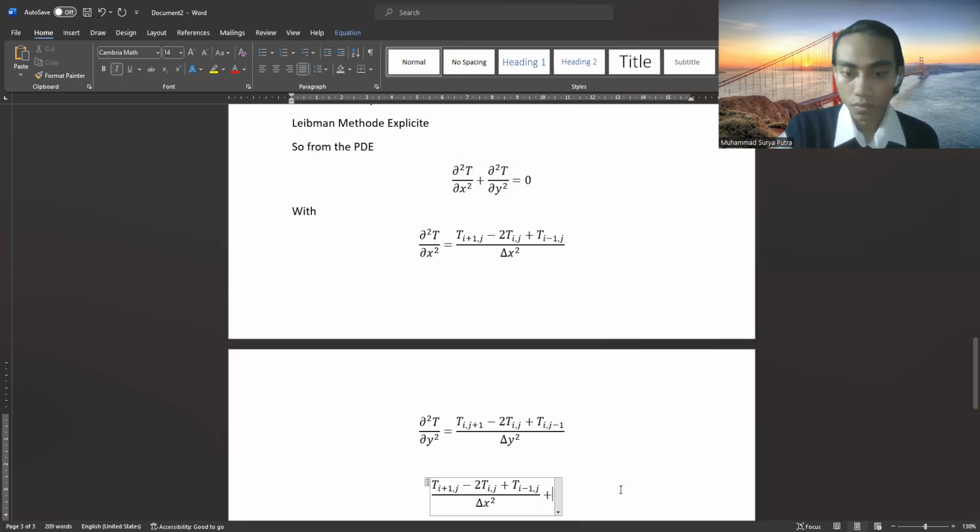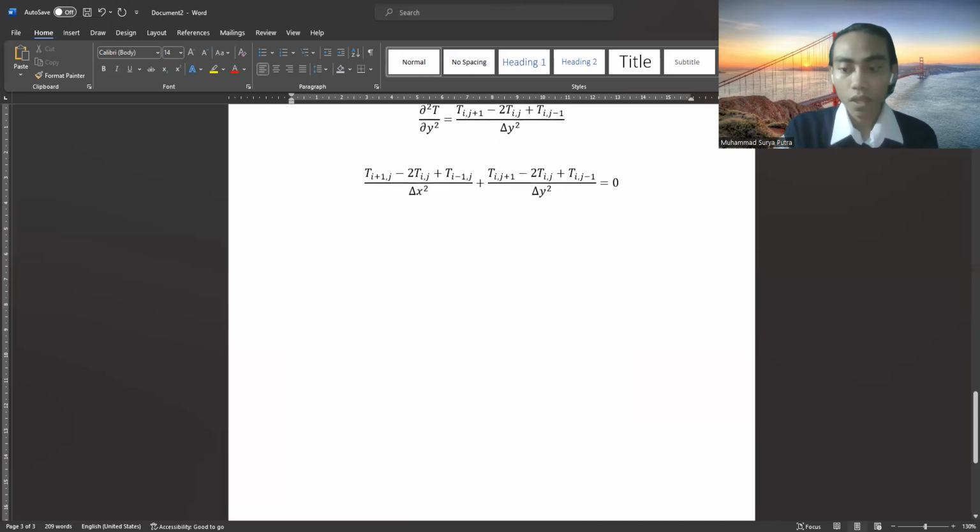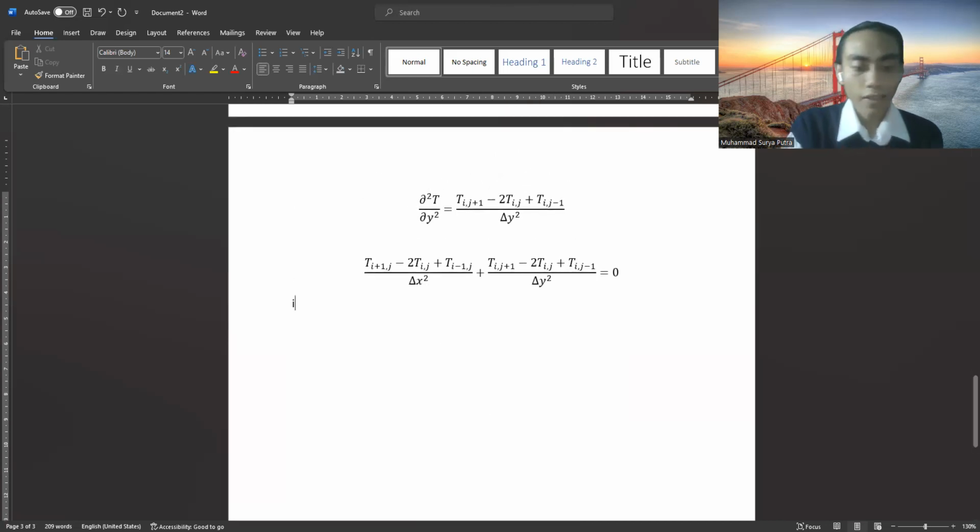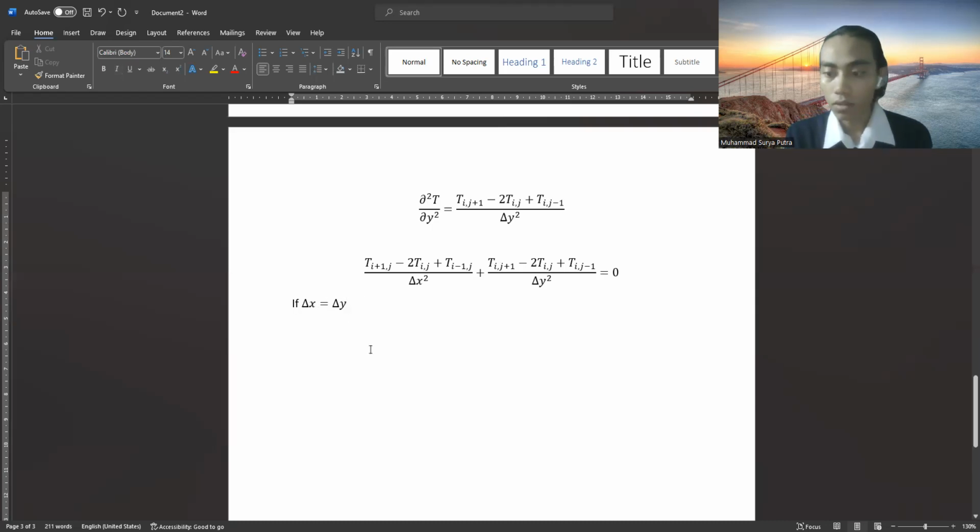So if we see these equations, we can get this equal to 0. And then, let's say if delta x is equal to delta y, you can get this equation.